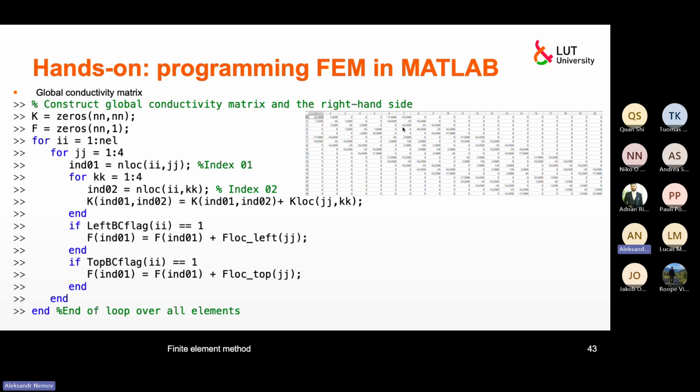So it's only some band of non-zero elements. And by changing your numeration appropriately, you can sometimes even make this band narrower. And the narrower this band is, the more effectively you can solve this system of algebraic equations numerically.